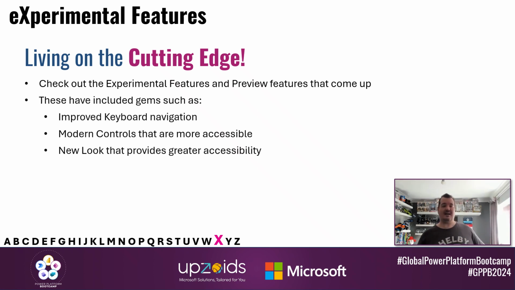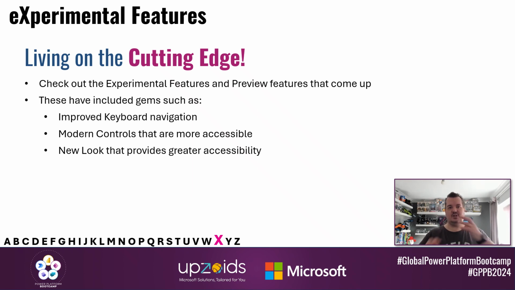Because what we've had is we've seen things like improved keyboard navigation coming as a preview experimental feature. Yes, it went generally available and it's there now, but I played with it when it was experimental. We've got modern controls. Again, they're in preview. And you've got the new look in model-driven apps that's there to provide greater accessibility.